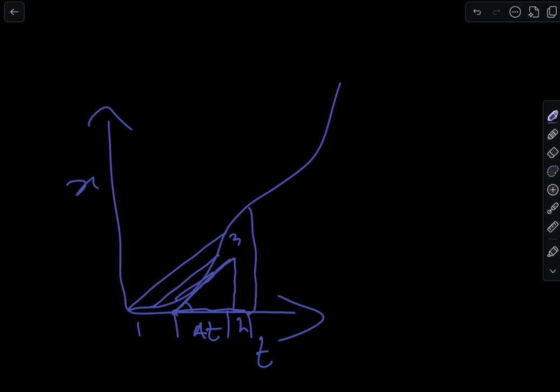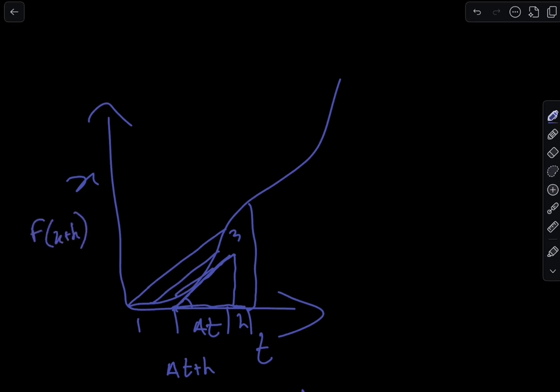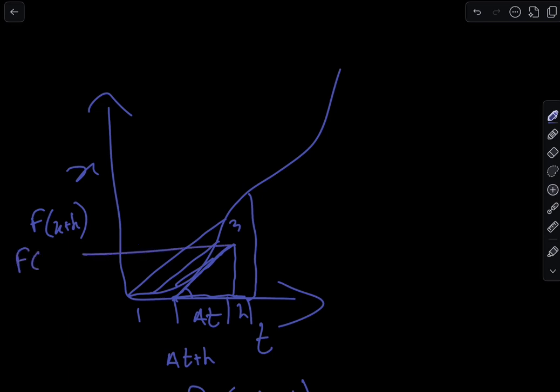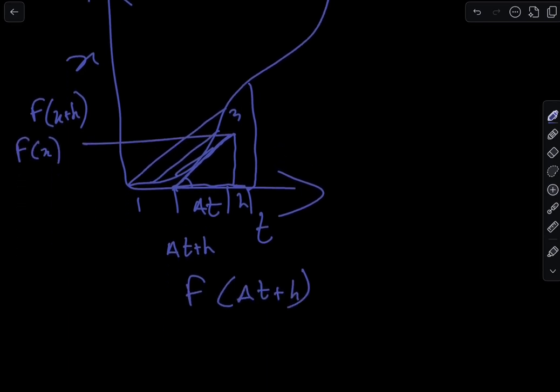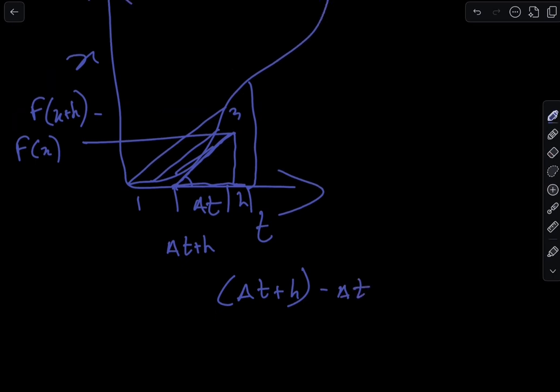And with that, we simply have to find the slope, because when we add this part and we call it h, this whole side is our delta t plus h, and this side would be f(x plus h), while this part is f(x), and while we subtract that on the top, we do this at the bottom by subtracting delta t from this, and then we are basically finding tan theta.